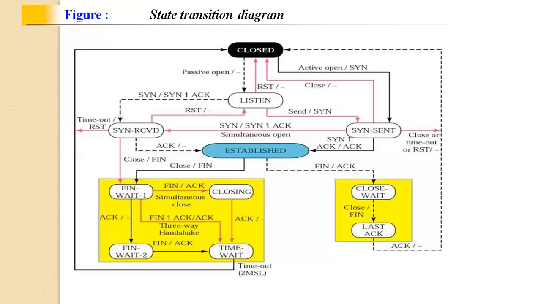When the SYN plus ACK arrives, TCP sends the final ACK of the three-way handshake and switches into the established state. Now data can be sent and received.